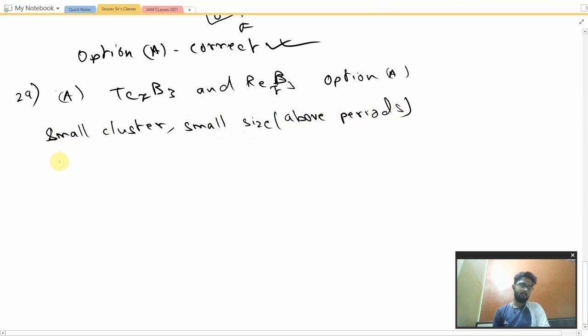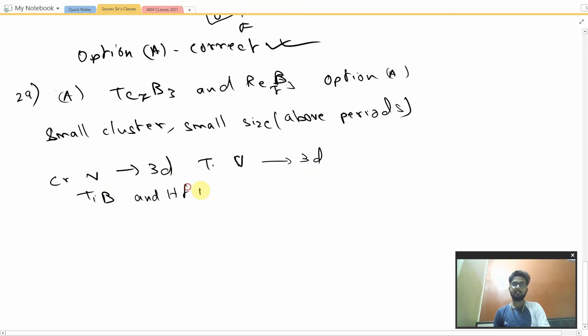So in options B, C, and D, you can see that Cr is bonded with Cr and V is bonded. These are 3D elements, so in these cases the boron will not be isolated; they will be bonded together. For Ti and V also in option C, they are in the 3D transition period, so these also would have quite strongly bonded borons. In case of the fourth option, TiB and HfB, you may say that Hf is a 4D element, so why is it not happening in this case?